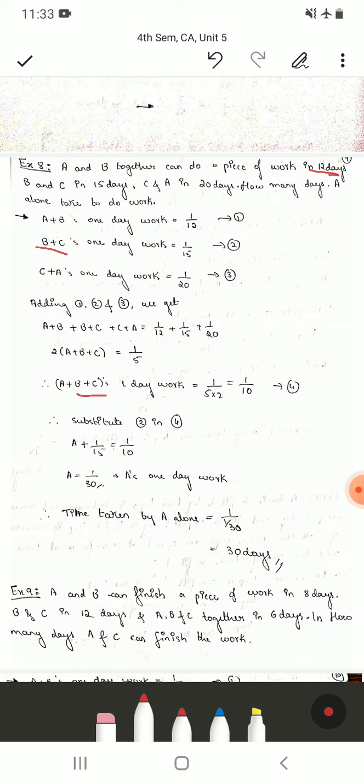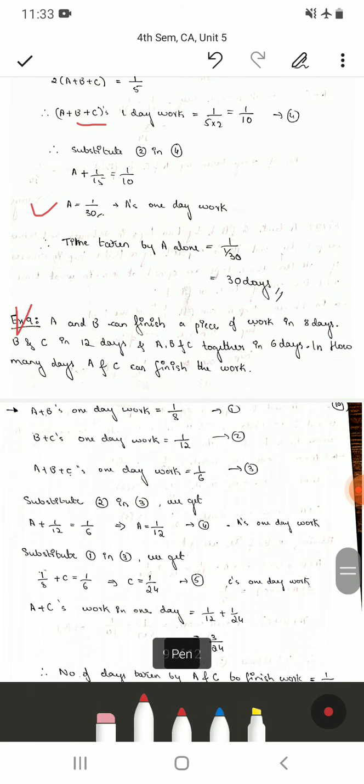Substituting equation 2 in equation 4, we get A plus 1 by 15, since B plus C's one day work is 1 by 15. So A plus 1 by 15 equal to 1 by 10. Therefore, A's one day work will be 1 by 30. Therefore, time taken by A alone will be 1 divided by the work done in one day, so it is 1 by 30. Therefore, A alone takes 30 days to complete the work.